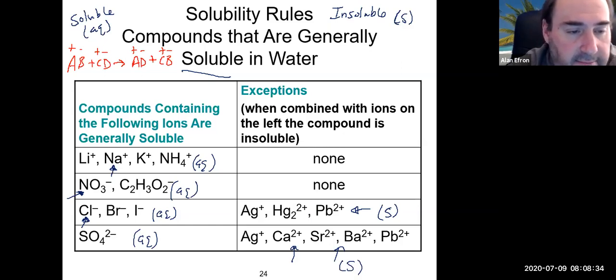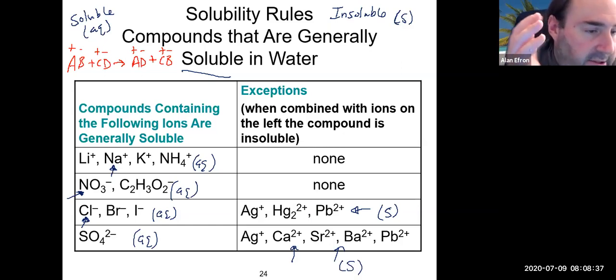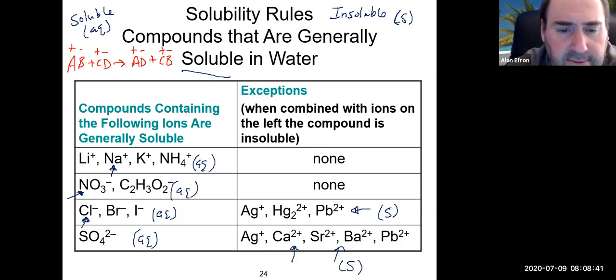The first type, which is a double displacement reaction but is also called a precipitation reaction, is one where you mix two solutions together and it forms some type of solid. That solid is referred to as a precipitate, sometimes abbreviated PPT.